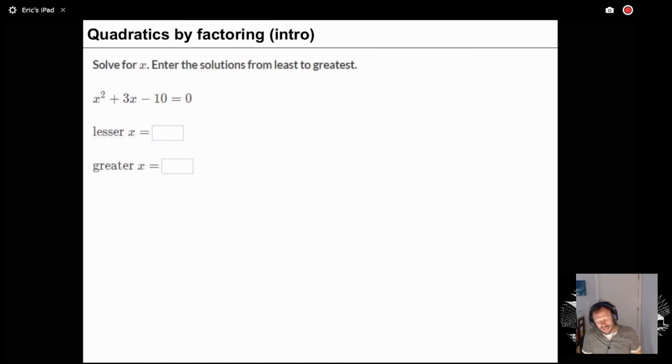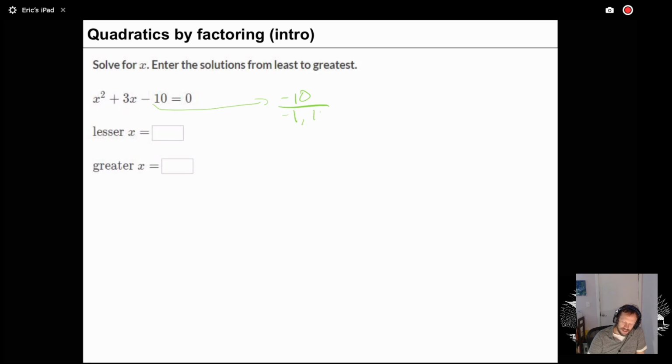Okay, solve for x. Enter the solutions from least to greatest. So we're going to rewrite this expression, replacing the expanded trinomial, the three terms, with a factored form. We're going to look at that negative 10 and we're going to find factors of negative 10 that add up to 3. What are my factors of negative 10?